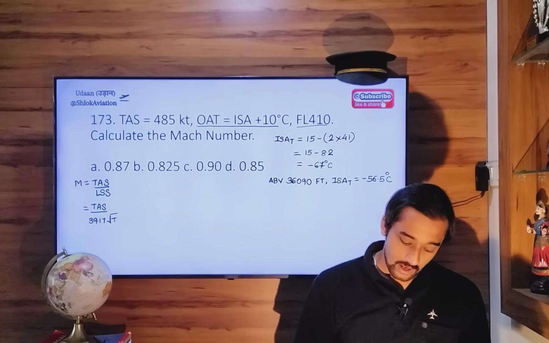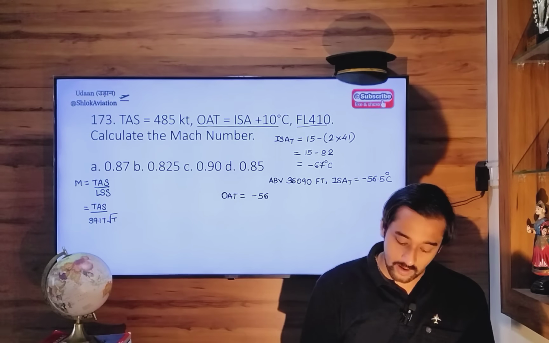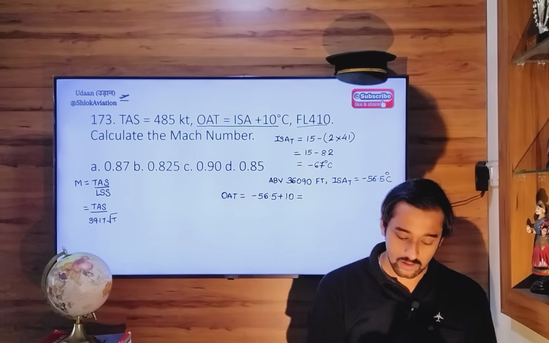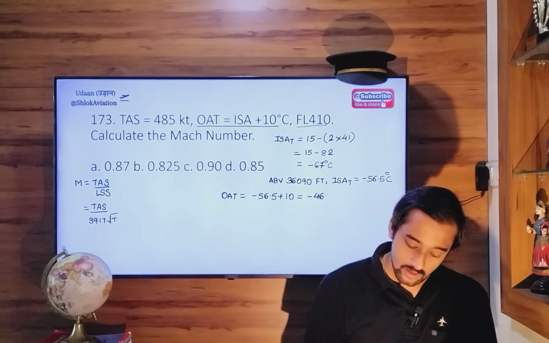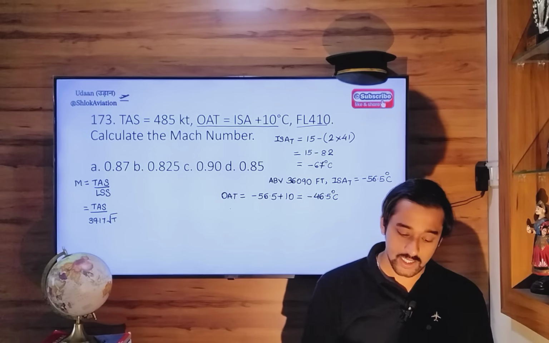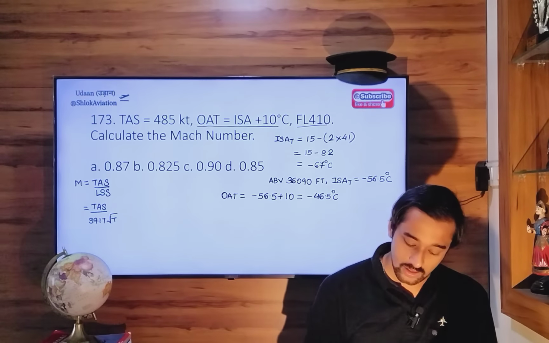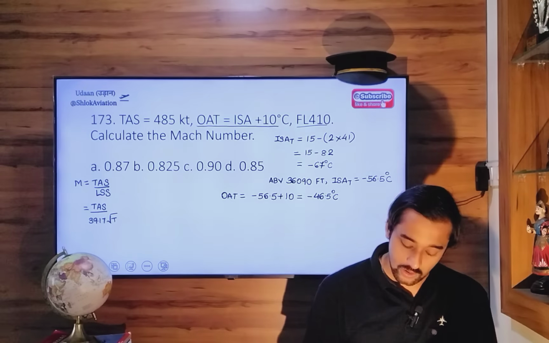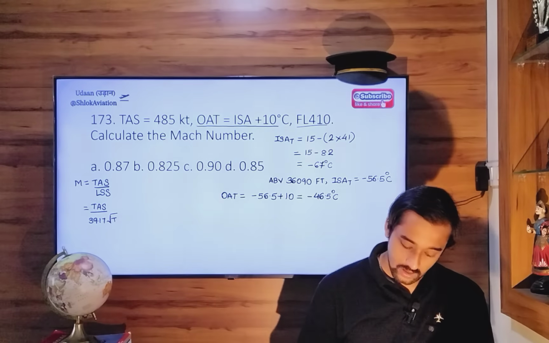So outside air temperature is therefore minus 56.5 plus 10, which is equal to minus 46.5 degrees Celsius. Now minus 46.5 degrees Celsius is nothing but how many kelvins? It is equal to 226 kelvins.